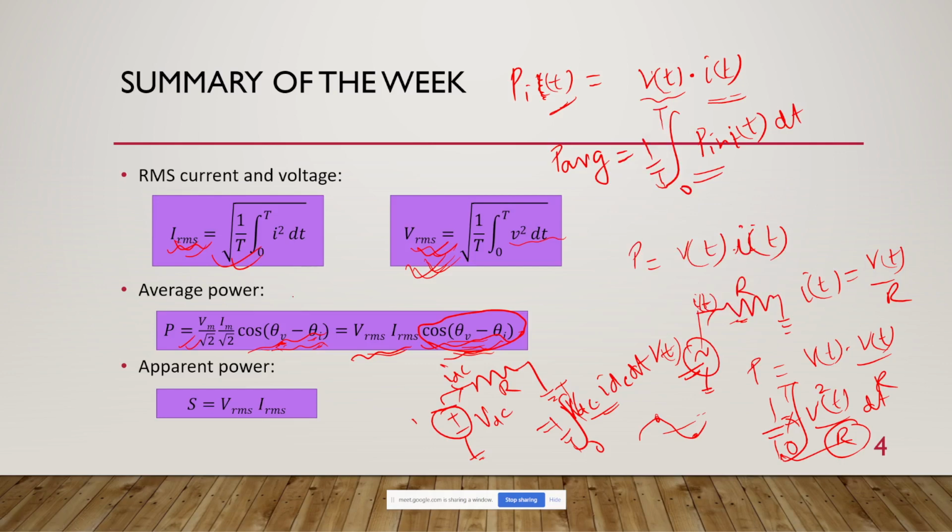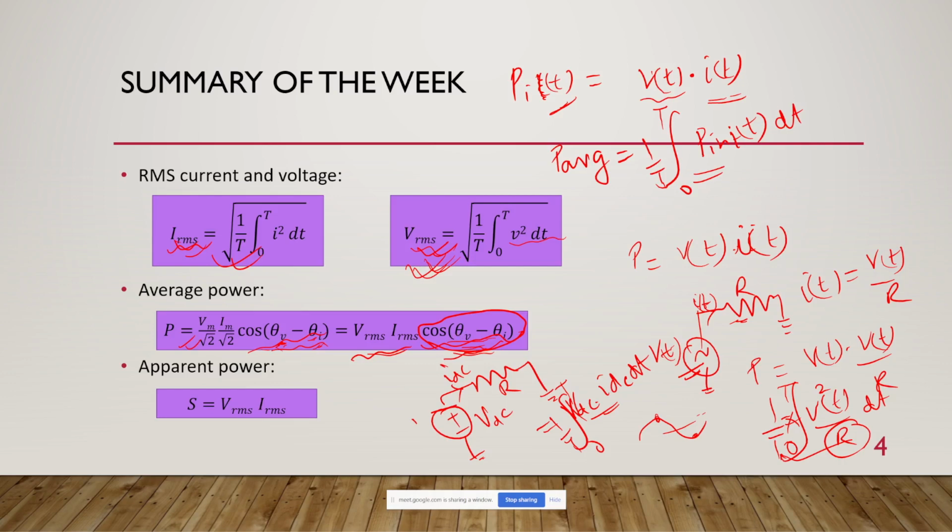So average power is Vrms times Irms times cos of theta v minus theta I. This conjugate thing, this complex power, is something we just introduced to make our life easier. It is not something real. It's just a mathematical convenience that we have introduced in order to make our life easier.